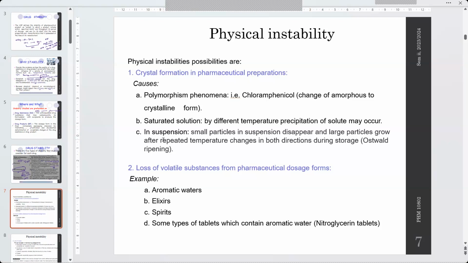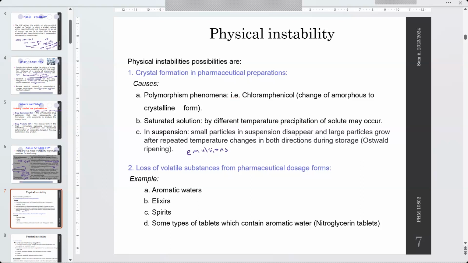In suspension also, there is a phenomenon called Ostwald ripening. This is very common and can happen in suspensions, and can also happen in emulsions. So what happens in this one?